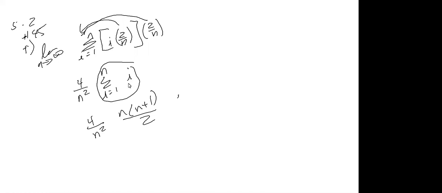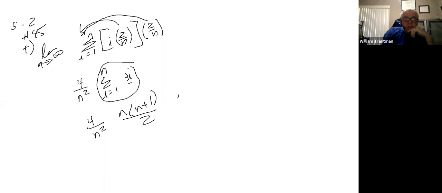Yeah, in 5.2, the summation of i changes to n times n plus 1 over 2. And don't forget, we're taking the limit as n approaches infinity. All right, so now we're just going to do some algebra here. 4n times n on top is 4n squared. 4n times 1 is 4n.